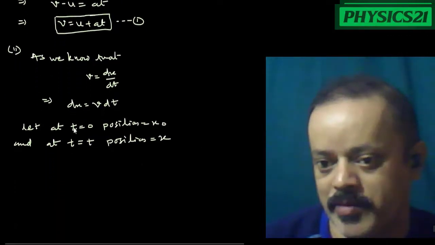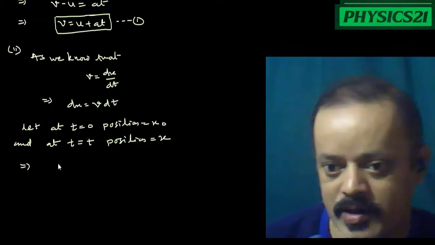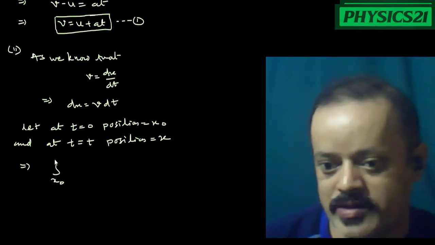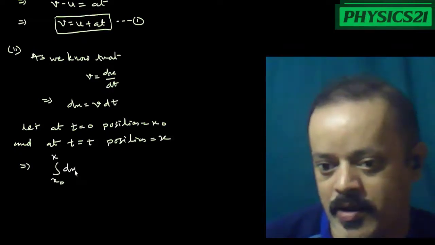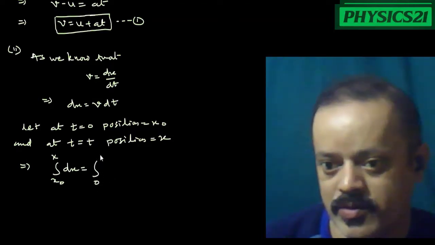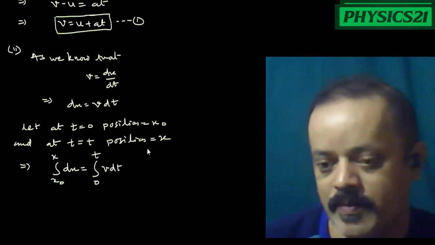Now integrate the above equation for the appropriate limits. So we write integration x naught to x dx, integration 0 to t v dt.